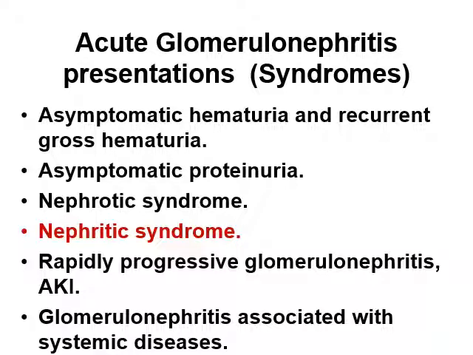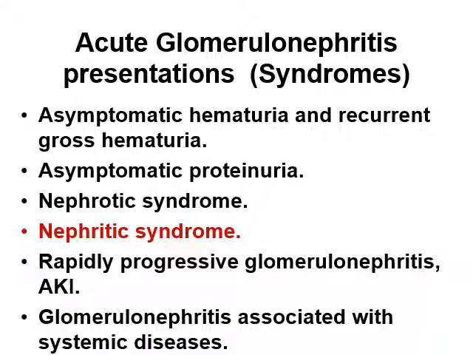Again, it may present with minor renal syndromes. There might be asymptomatic proteinuria, asymptomatic hematuria, or recurrent hematuria. Again, it may be fulminant, so we may have rapidly progressive GN and acute kidney injury.